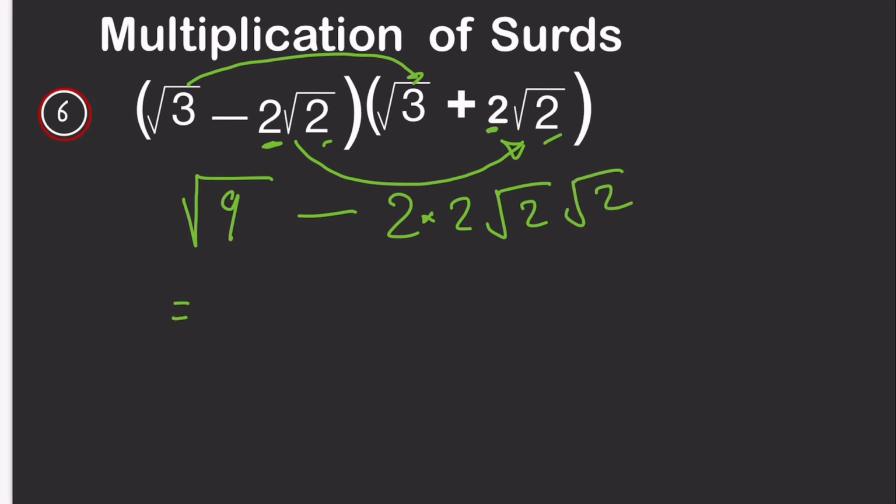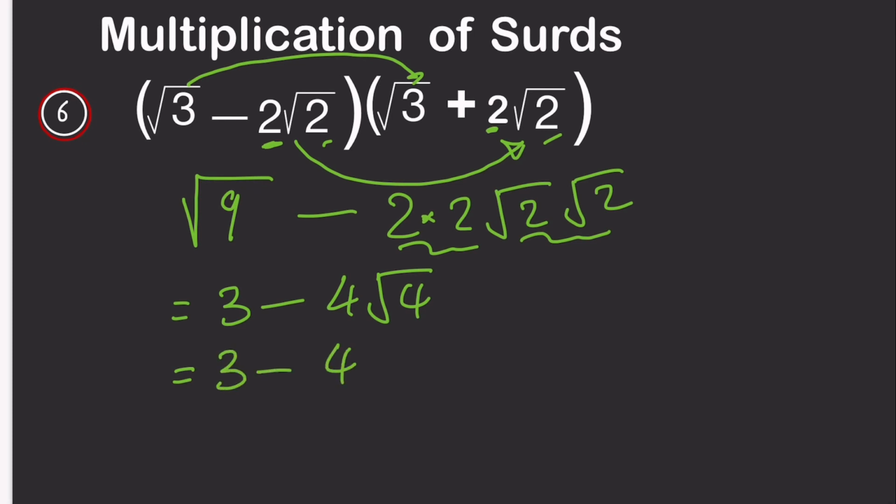So this will give us 3, and if we multiply this, we are going to have root 4. So this is the same as 3 minus 4.